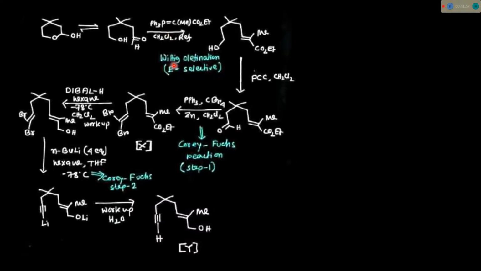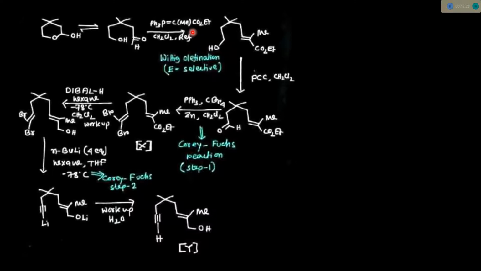Obviously, this is a Wittig reaction. We all know this is Wittig olefination. But in this case, E selective means trans alkene, trans olefin will form. Just keep in mind that if we use a stable phosphonium ylide, then a trans alkene is formed.